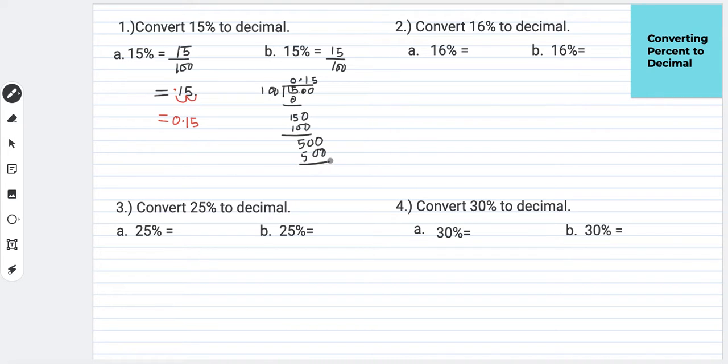Subtract, this is now 0. The equivalent of 15% in decimal is 0.15. We arrive at the same result.